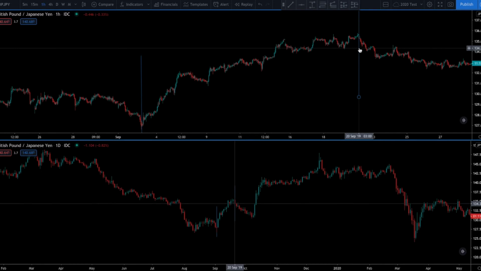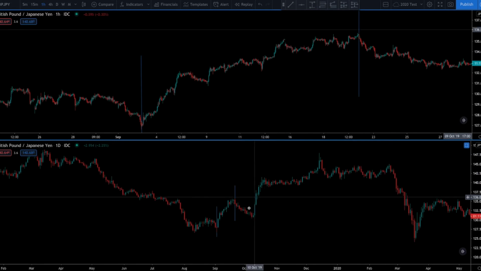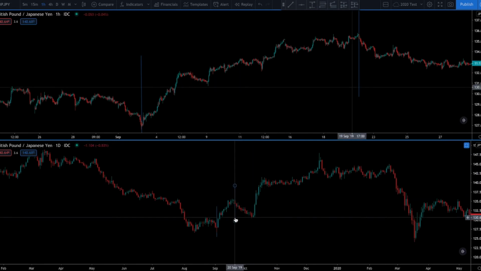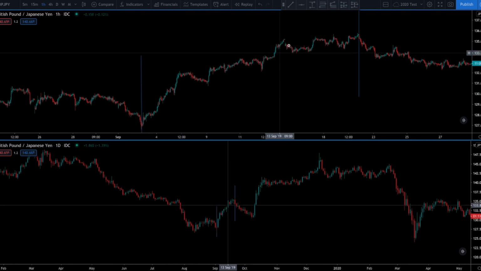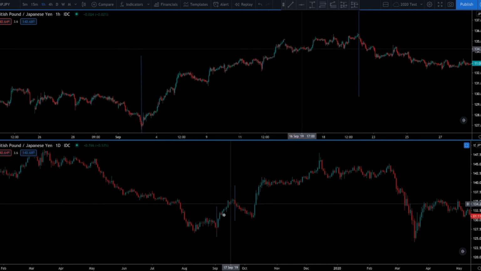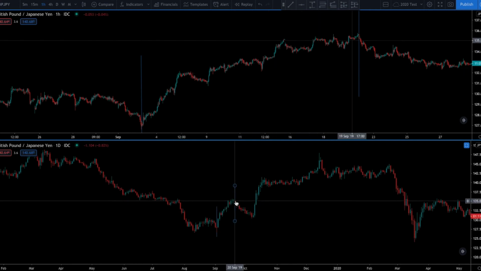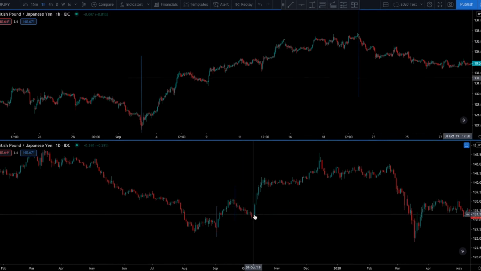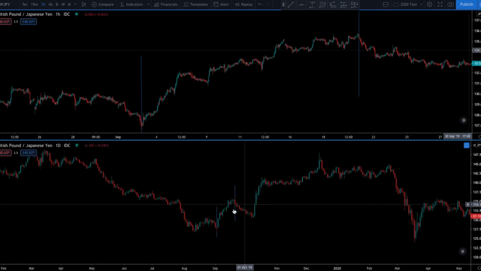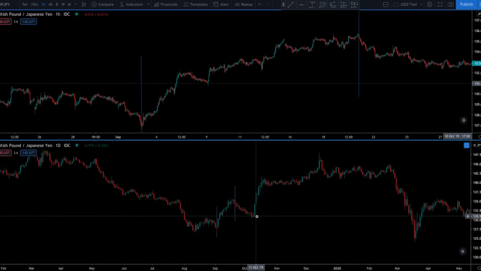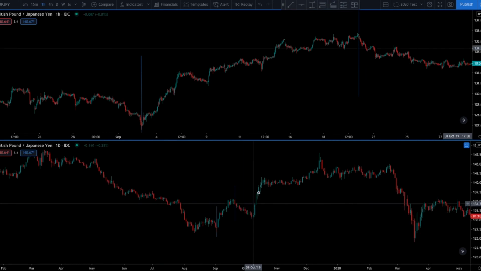This is the 20th of September, and this is the 20th of September. So during this trend on the 1 hour, it was a run on the daily. And all that means is on these daily runs and pullbacks, you can drill down to the lower time frames and see trends within these runs and pullbacks.